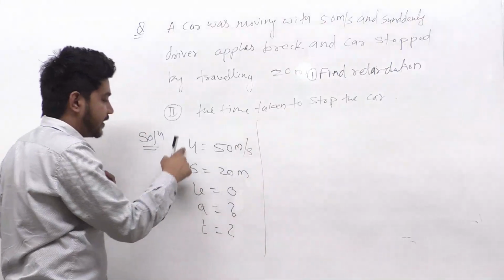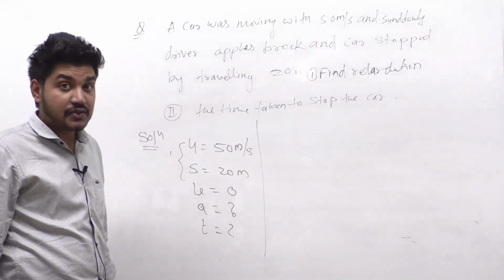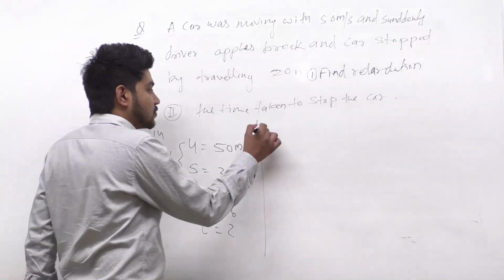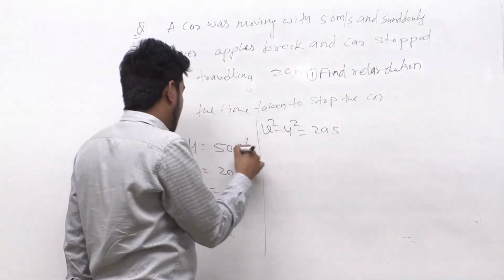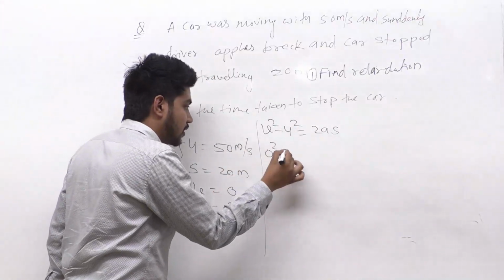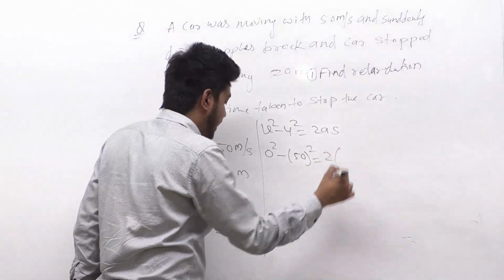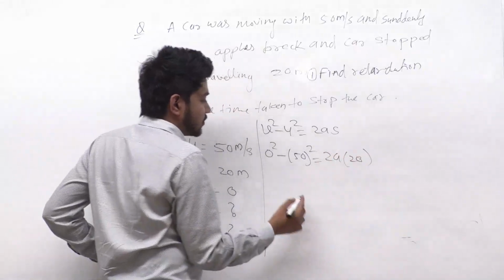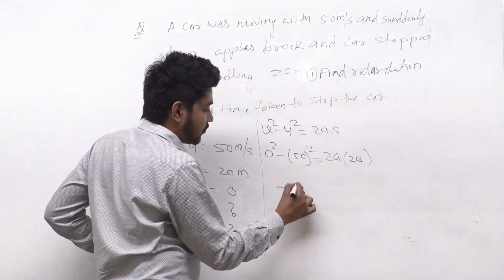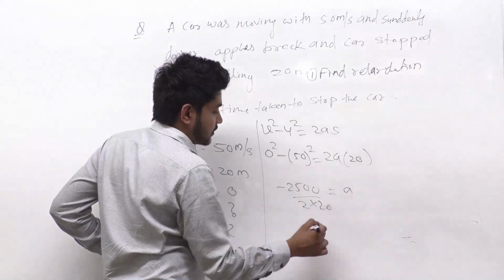So again for finding acceleration, by seeing these 3 variables, which equation can be used? That is v square minus u square is equal to 2as. So v square is how much? 0 square minus u square, which is 50 square, is equal to twice of acceleration, which we have to find, and displacement is 20. So from here it will be 2500 divided by 2 into 20 is the acceleration.